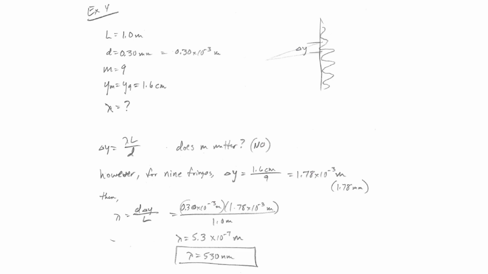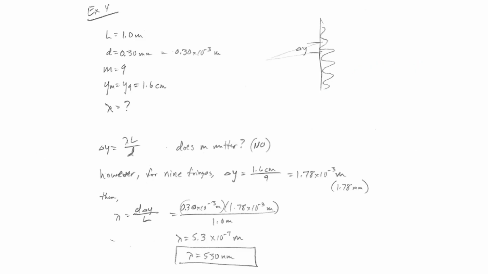Basing this off your experience using a diffraction grating, the distance between the two slits here is very far apart. 0.3 millimeters is a lot larger distance than what you were seeing with diffraction grating, where it was on the order of 1.6 to 2.0 times 10 to the minus 6 meters, which is micrometers. So it's an order of magnitude higher, well, 3 orders of magnitude.